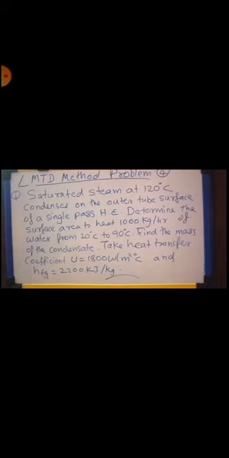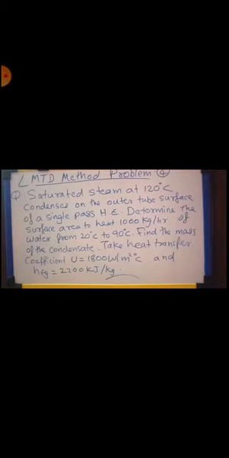Saturated steam at 120 degrees centigrade condenses on the outer tube surface of a single pass heat exchanger. Determine the surface area to heat 1000 kilogram per hour of water from 20 degrees centigrade to 90 degrees centigrade. Find the mass of the condensate.